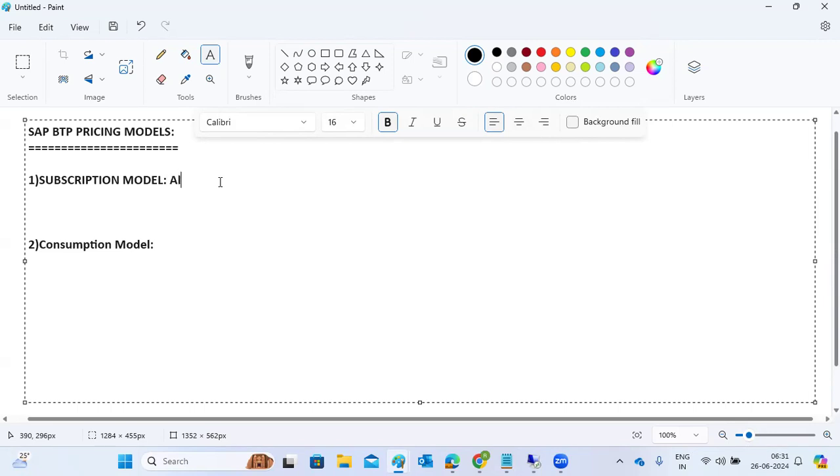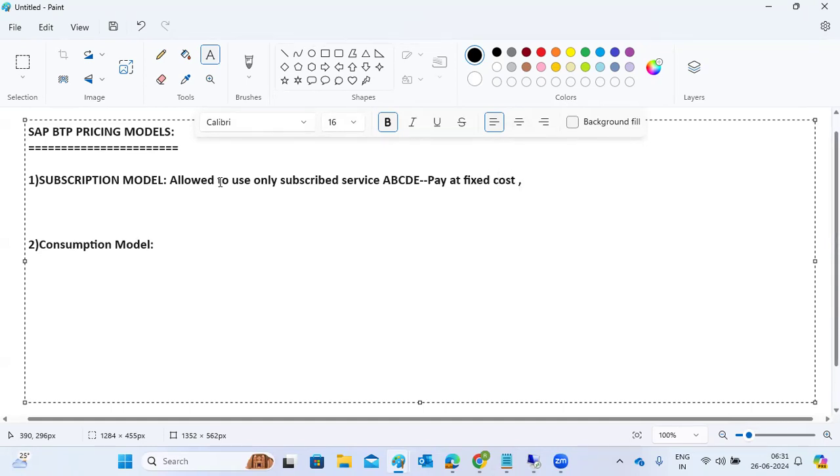So you are allowed to use only the subscribed services here, right? Suppose A, B, C, D, E, these 5 services you are subscribed, then you are allowed to use only the subscribed services, right? Why? Because these subscribed services are paid at fixed cost.